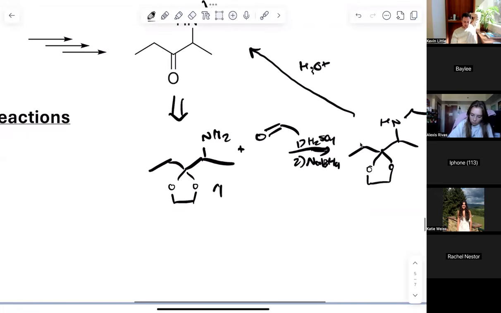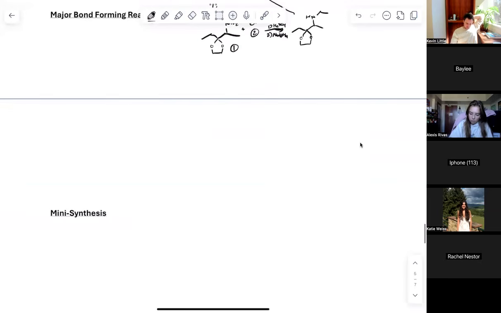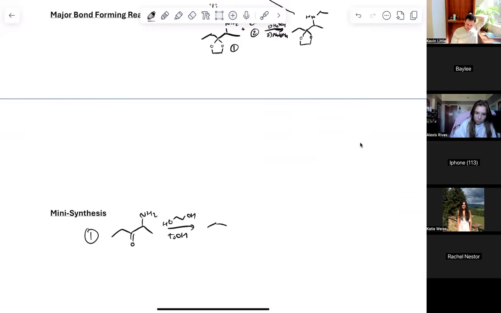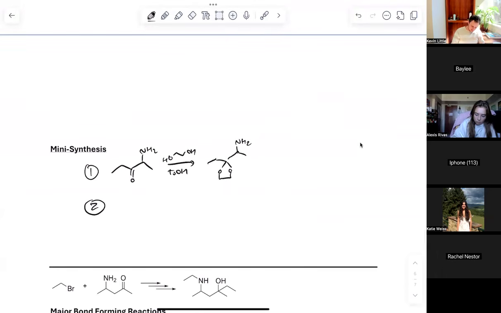So I need to explain getting this and this. One I can make through just an acetal protection. And two I can make from an oxidation of that alcohol.